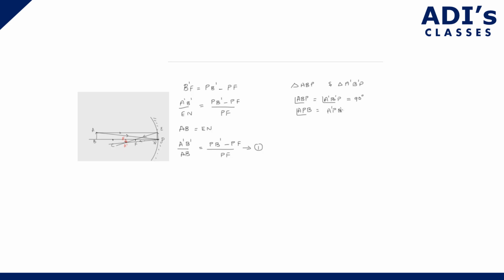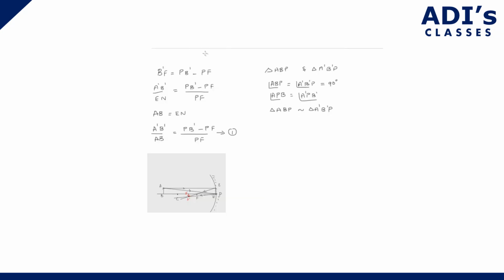Since these two angles are the same, triangle ABP is similar to triangle A'B'P. So we have AB by A'B' is equal to BP by B'P. In this equation you can also write A'B' by AB is equal to PB' divided by PB. Call this equation number 2.